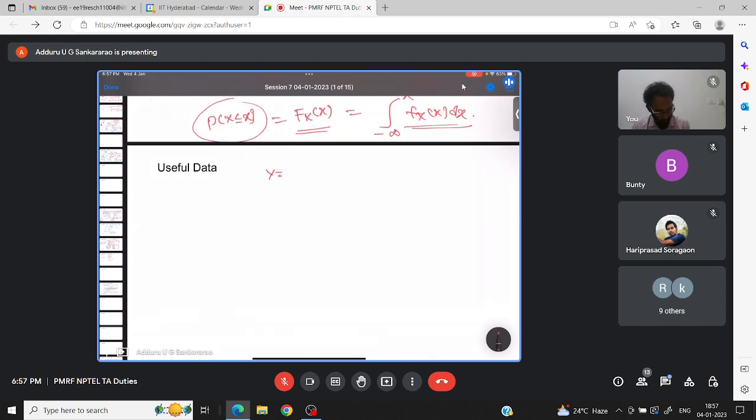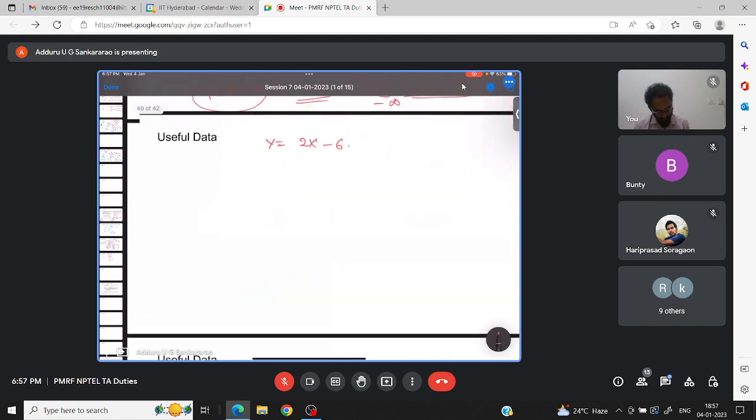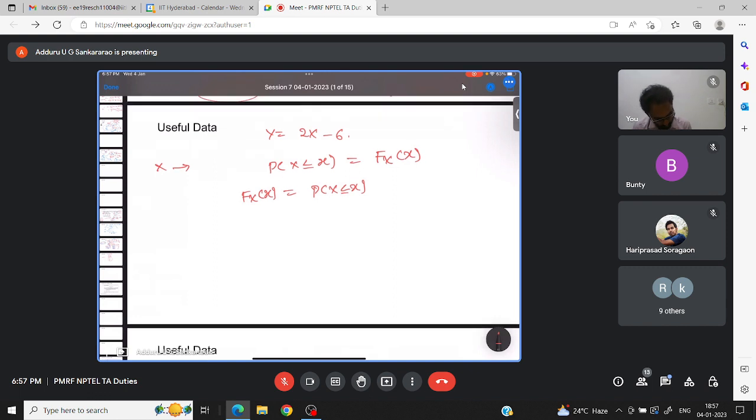This is the basics. Now, what is given? Y equal to 2x minus 6 is given. The CDF and PDF of X we already know. The probability of X less than or equal to x is nothing but the CDF, Fx(x).